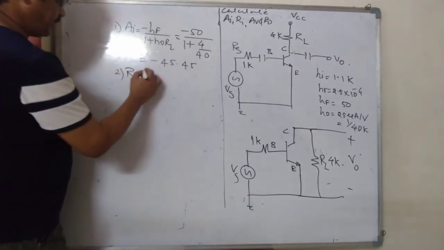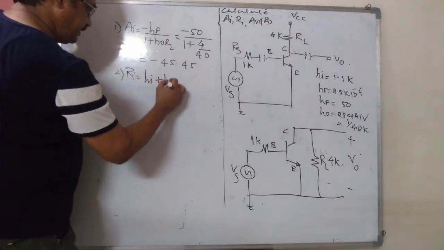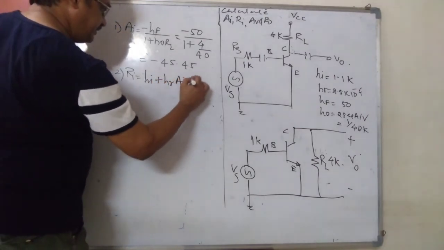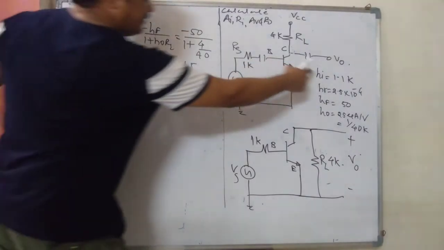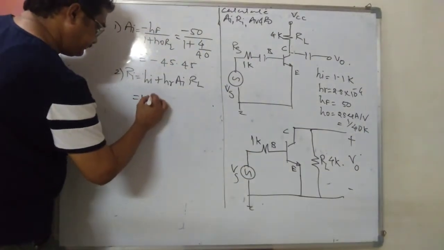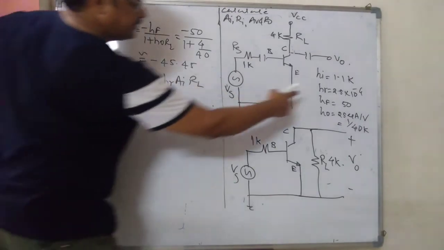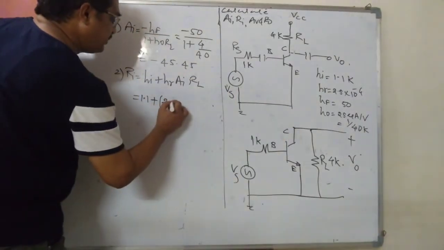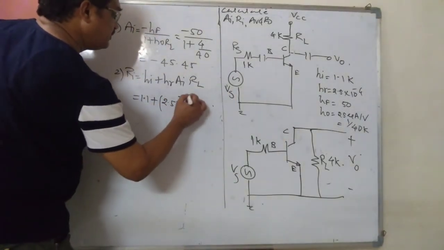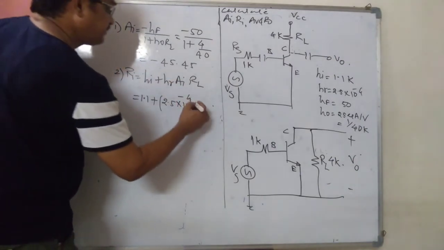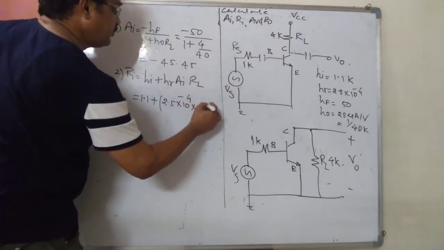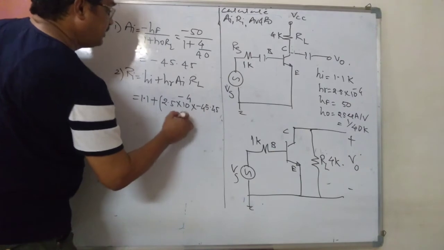Your answer should be approximately equal to my answers. RI is equal to, second formula, HI plus HR AI RL. HI 1.1K plus HR, 2.5 into 10 raised to minus 4, into AI, minus 45.45, into RL.